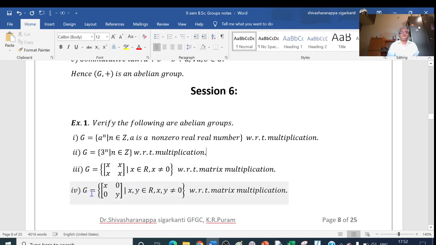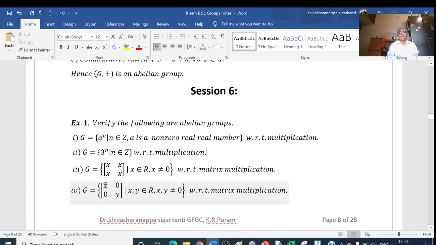And fourth one is G, the set consisting of all 2 by 2 matrices where the first element is x, the element in the first row second column is 0, the element in the second row first column is 0, and this element is y.